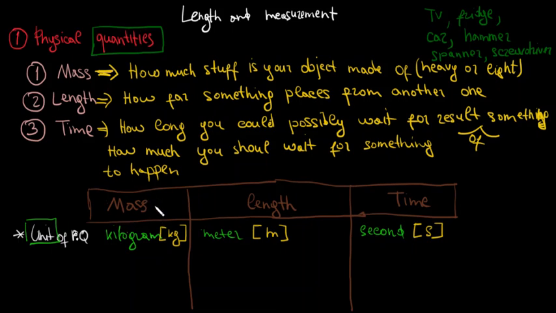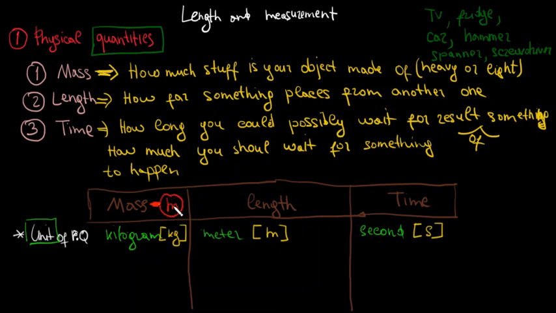But in equations, we can also write these quantities in a short form. Instead of writing mass, length, and time, we can simply use letters. I think the red color would be wiser to use here. For mass, we're going to use the letter M in equations.